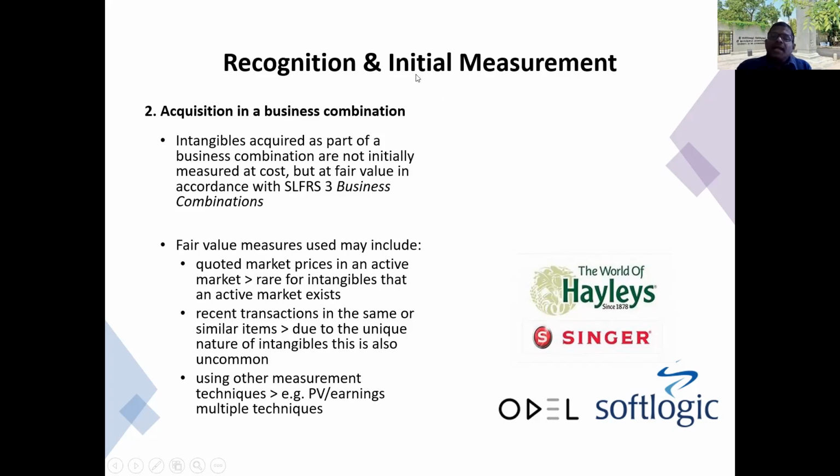Now I would like to highlight one thing. When you recognize any asset, as per the standards, there are two things. At the inception, we call it initial measurement. That means at the time you enter the journal entry, when such an asset is incurred, that's called initial measurement at the inception.